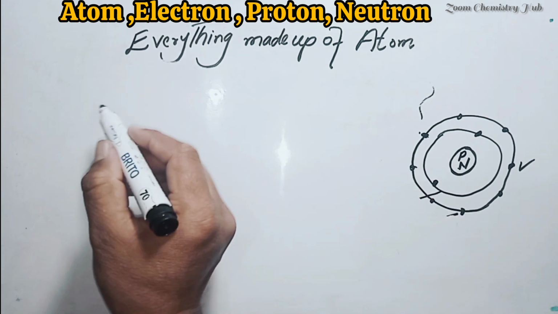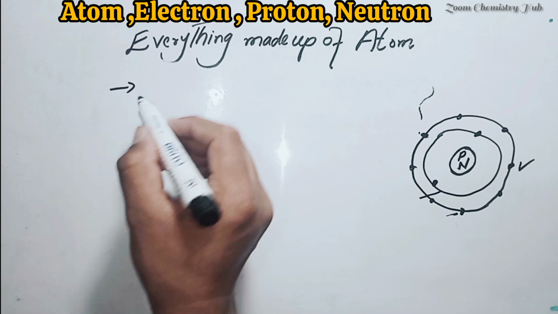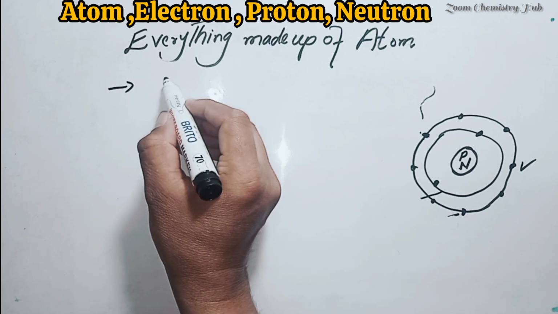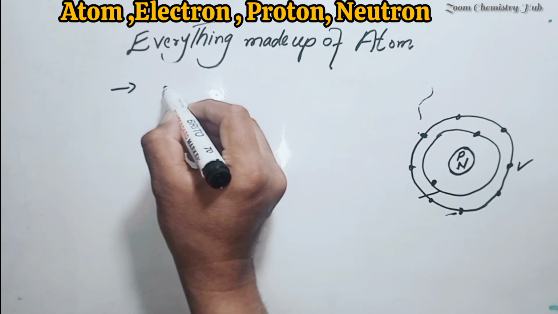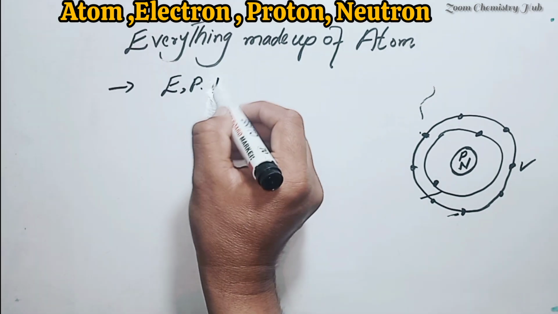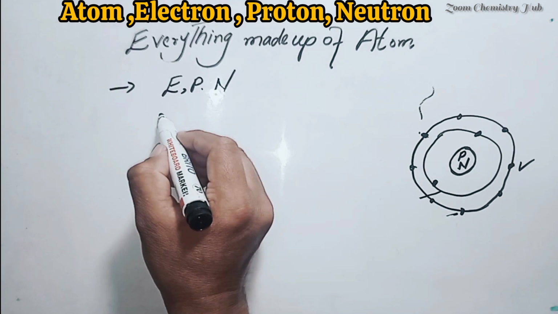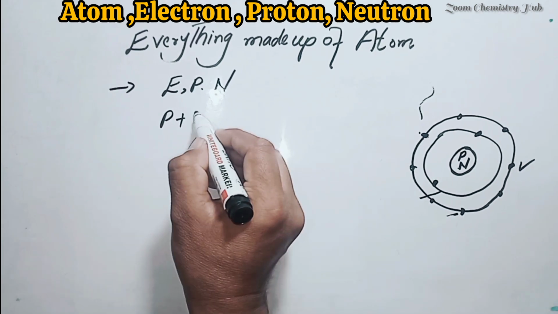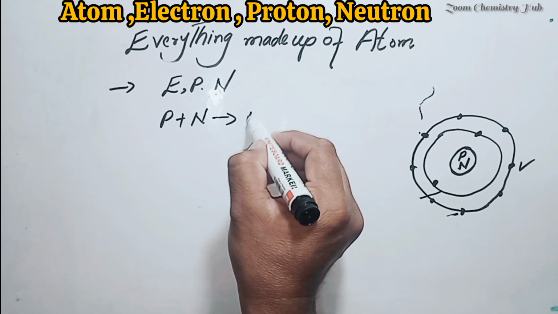Now we will summarize all this. An atom is made up of 3 fundamental particles: electron, proton and neutron. Protons and neutrons are present in the nucleus.